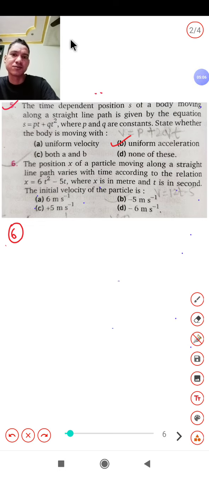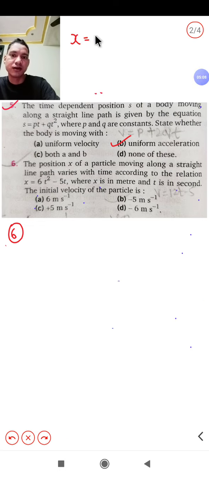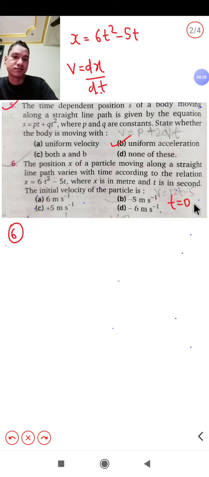The expression for the position is given, like it was given in the previous numerical. If you differentiate it with respect to t, we'll get the expression for velocity. Now here we need to find out the initial velocity of the particle. So what is the meaning of initial velocity? Initial means when time was 0.